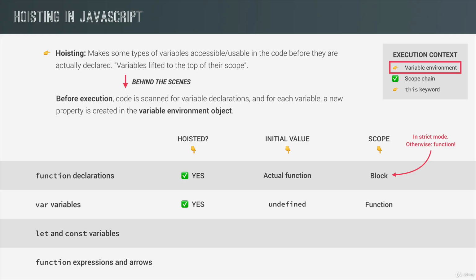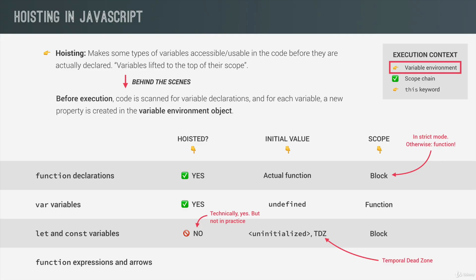Now, on the other hand, let and const variables are not hoisted. I mean, technically they are actually hoisted, but their value is basically set to uninitialized. So there is no value to work with at all. And so in practice, it is as if hoisting was not happening at all. Instead, we say that these variables are placed in a so-called temporal dead zone, or TDZ, which makes it so that we can't access the variables between the beginning of the scope and the place where the variables are declared.